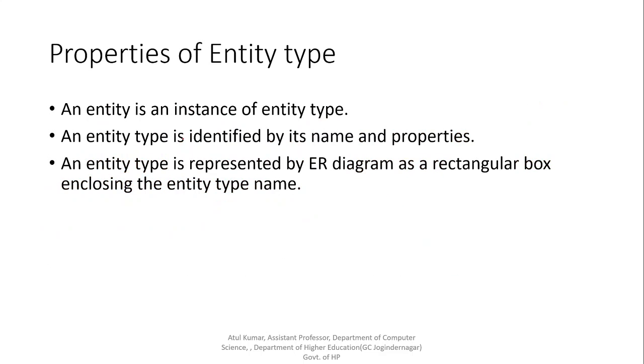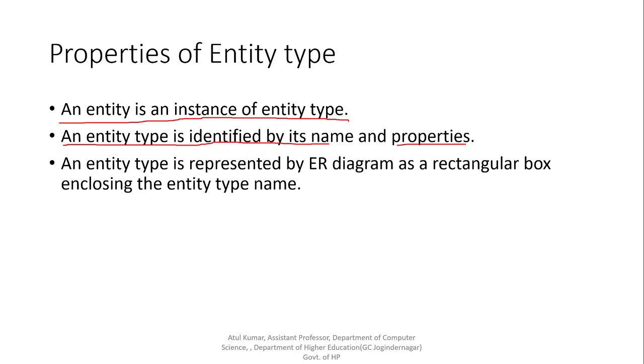Next we have some properties of entity type. The first important property is an entity is an instance of the entity type. The next important property is that an entity type is identified by its name and properties.